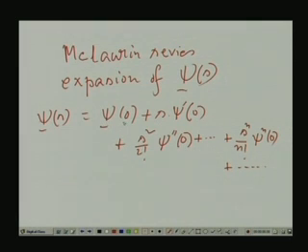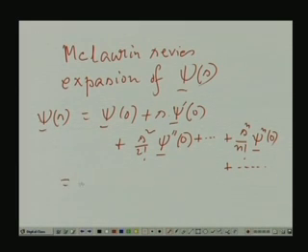Psi bar 0 is 0, the single derivative at 0 was lambda 1, then we have lambda 2 and so on. The nth order derivative of psi bar s at s equal to 0 is lambda n.